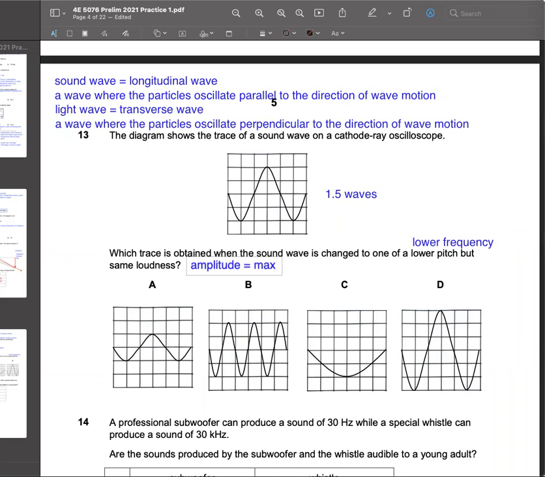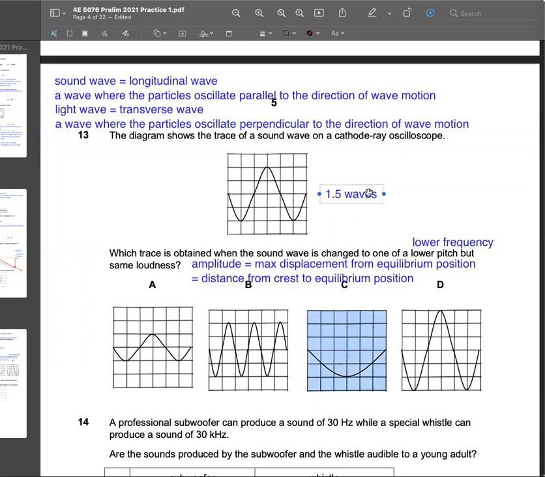Okay, that's correct. The other one is called maximum displacement from equilibrium position. Or you can say the distance from crest to equilibrium position. Also can.